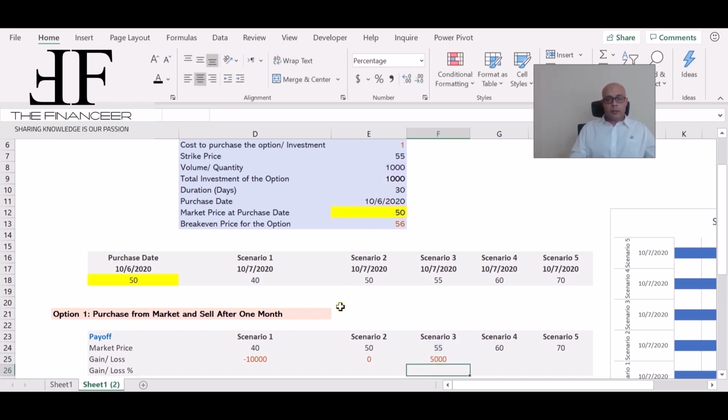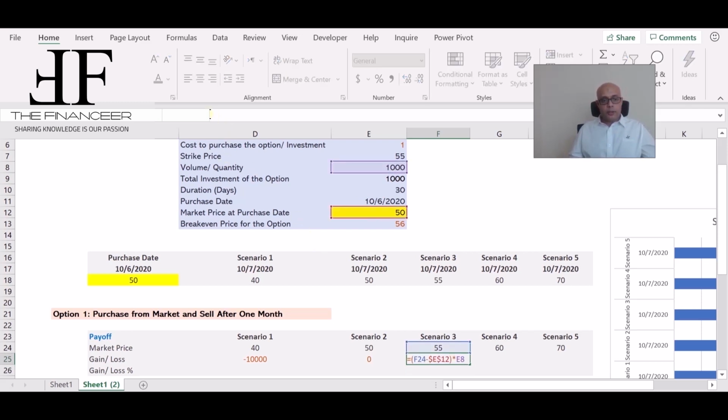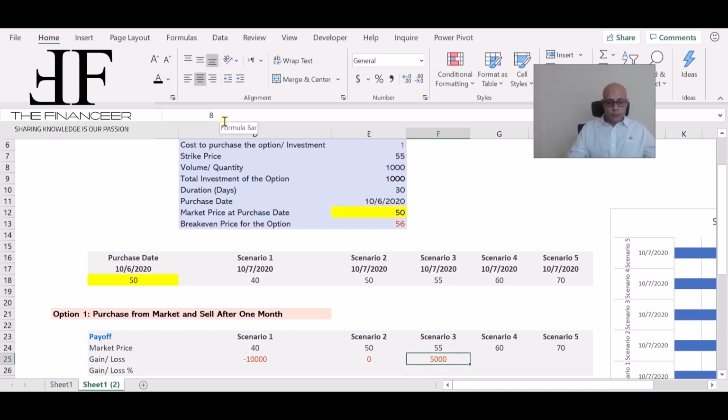So the scenario here will result in a gain of $5,000. If you take this formula to the other scenarios, you will find that you start to achieve gain as long as the market price increases over the purchase price.